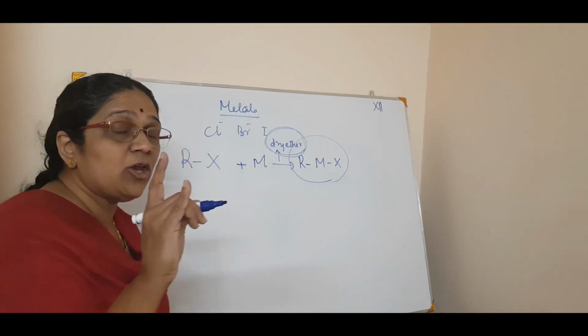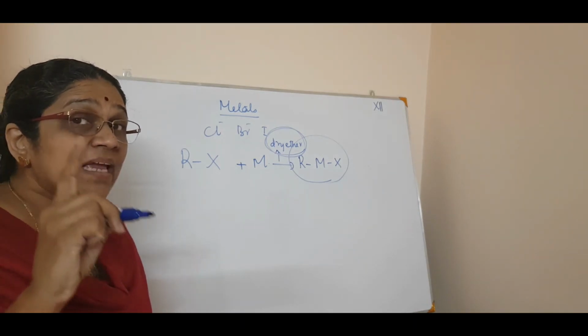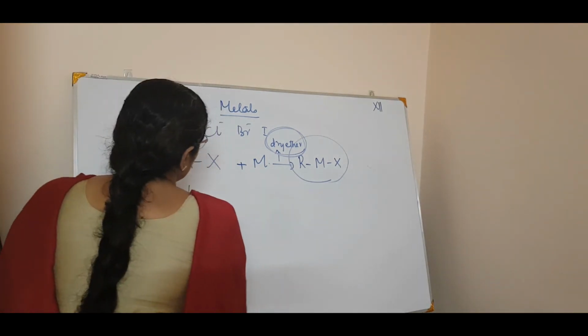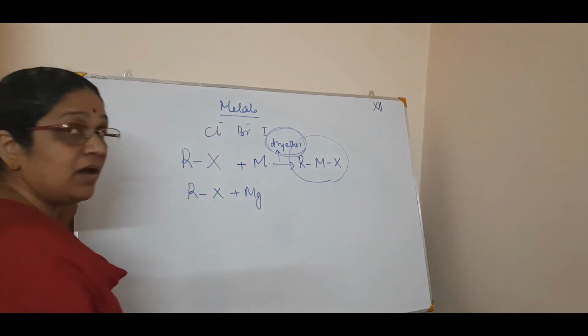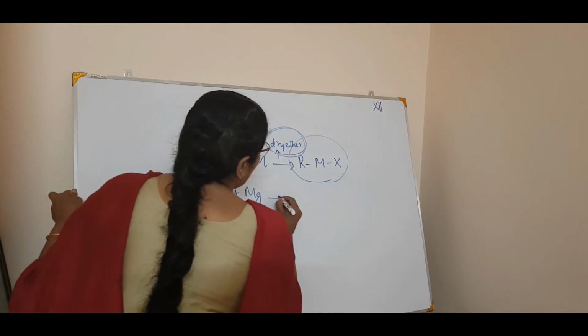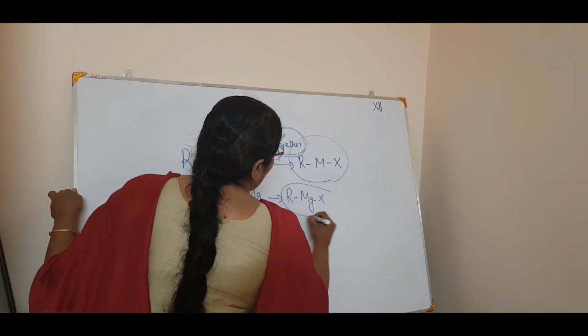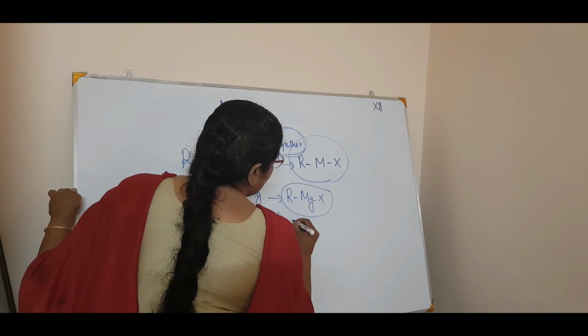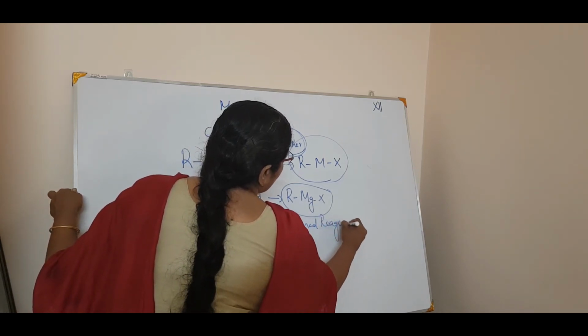The first one was prepared by Grignard with the metal magnesium, that is RX plus Mg will give you RMgX. And this is called Grignard reagent.